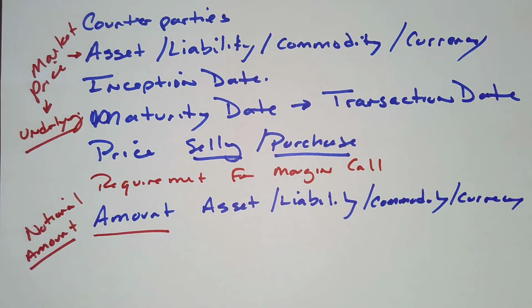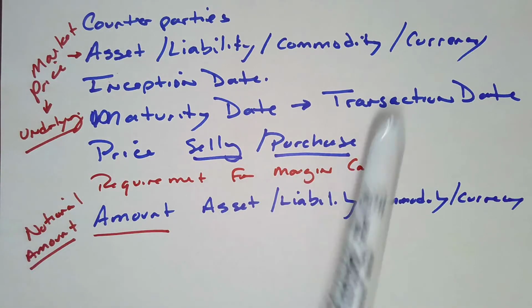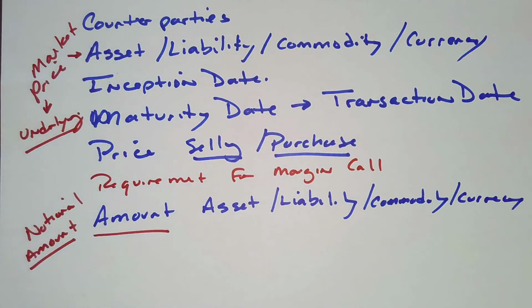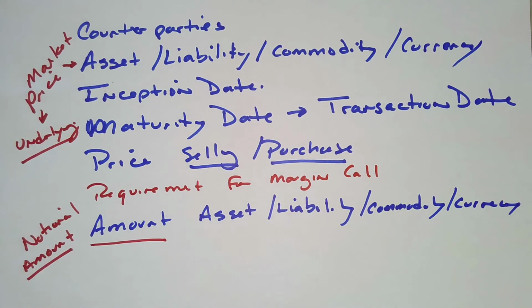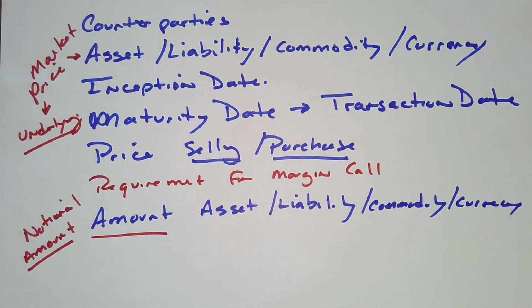And then the last thing is, can we settle net? Well, if we're dealing with an exchange-traded asset, if we're dealing with an exchange-traded commodity, a currency, then there is an ability or a theory that we could hand over this particular contract before we get to the maturity date.